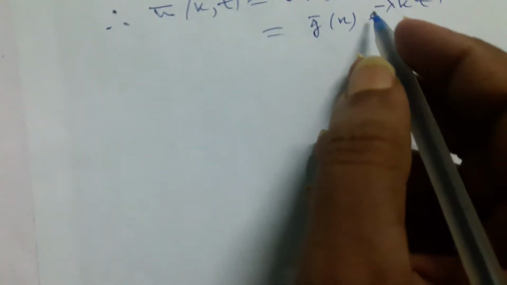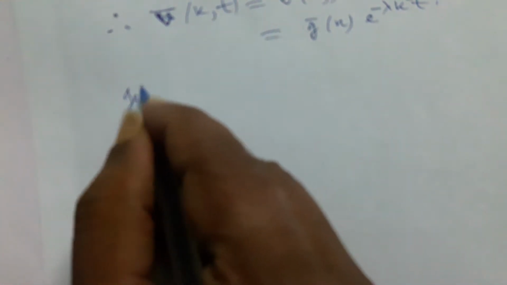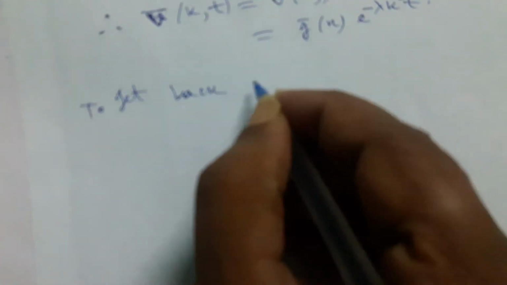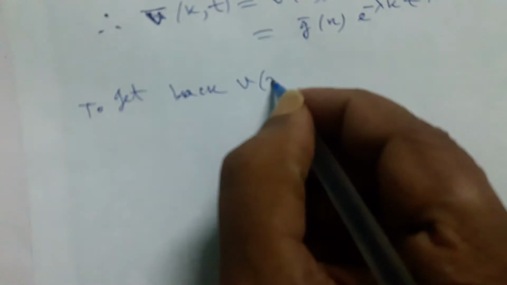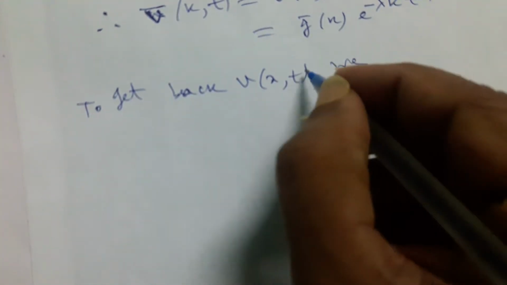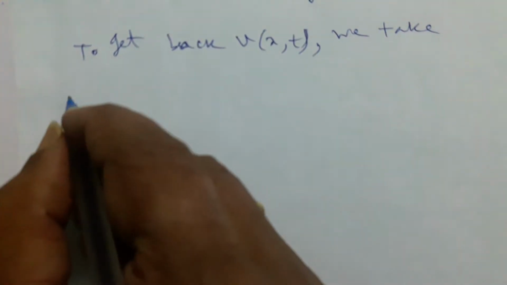Now to get back V(x,t), we take the Fourier inversion formula.